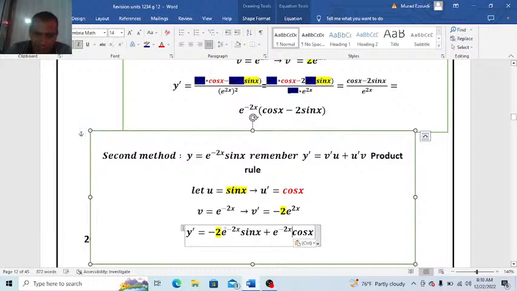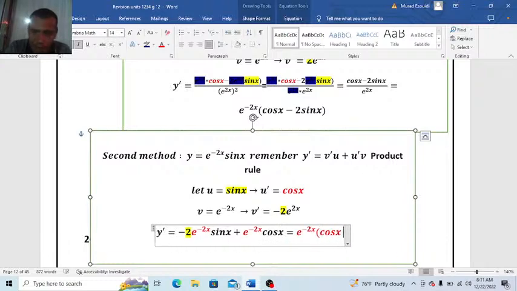You can see that exponential minus 2x is a common factor of exponential minus 2x sine x and exponential minus 2x cosine of x. I will put it outside the brackets: exponential minus 2x multiplied between parentheses by cosine of x minus 2 sine of x.